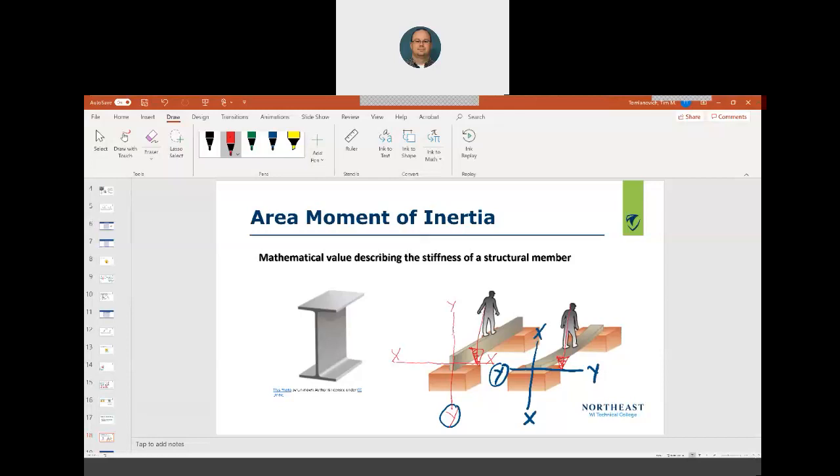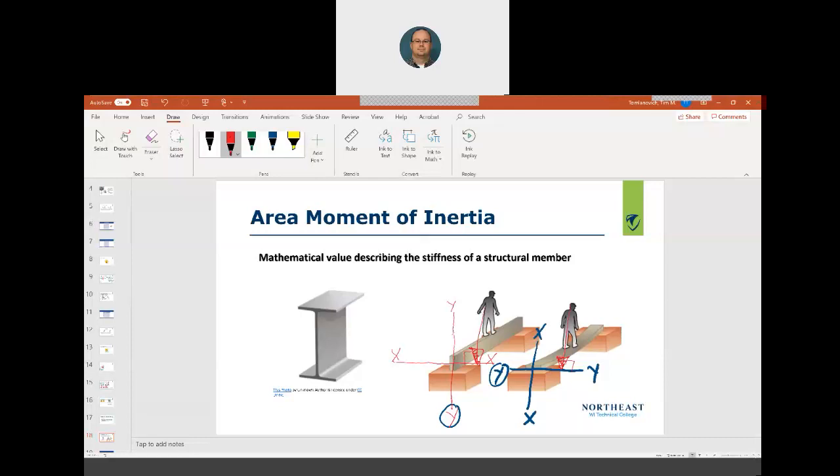So why is it bending? If I look here, this is perpendicular, this is perpendicular. So there is what's called the stiffness of a structural member. It's a mathematical value, so basically, the higher the number, the more stiff it is.